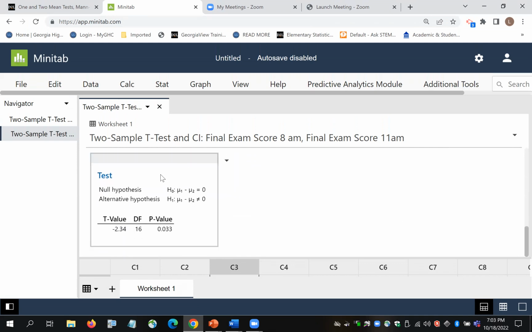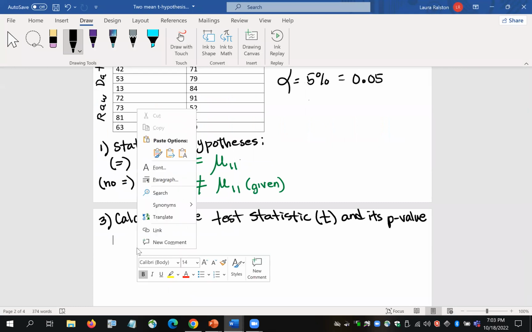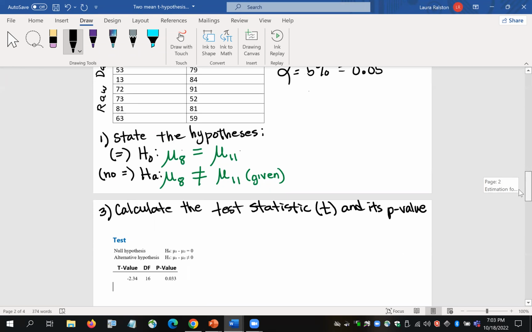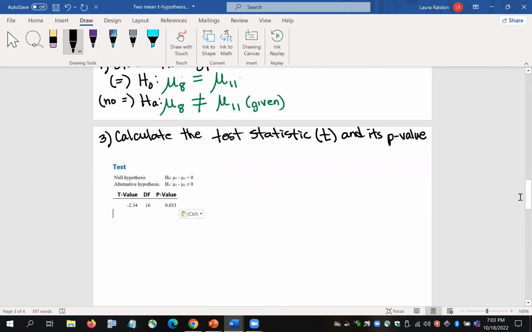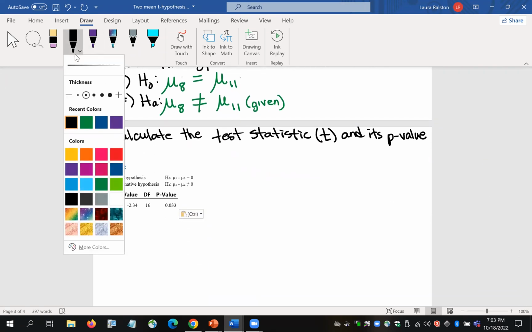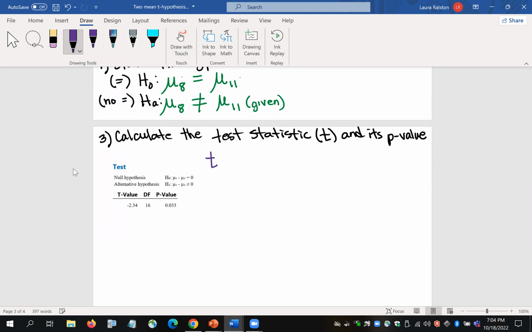But initially, I need my t-test statistic and its p-value. So I then have to write it down. My t-test statistic is negative 2.34, and the p-value is 0.033.